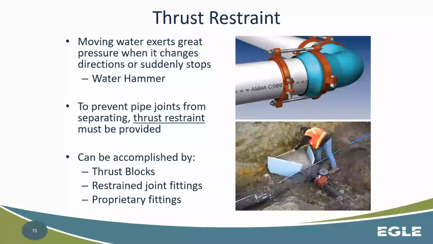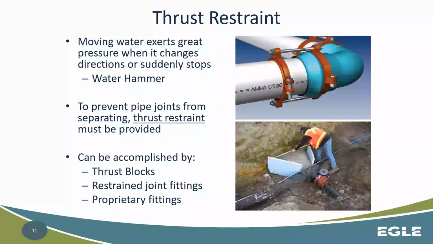So thrust restraint, obviously we all know that water moves at high pressure, maybe has a lot of velocity and things like that. And when those things change, we can have things like water hammer, right? Excessive amounts of force being released into a certain direction or into a certain area.